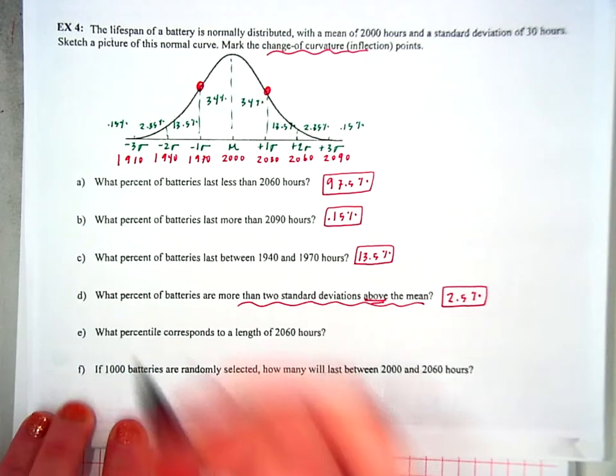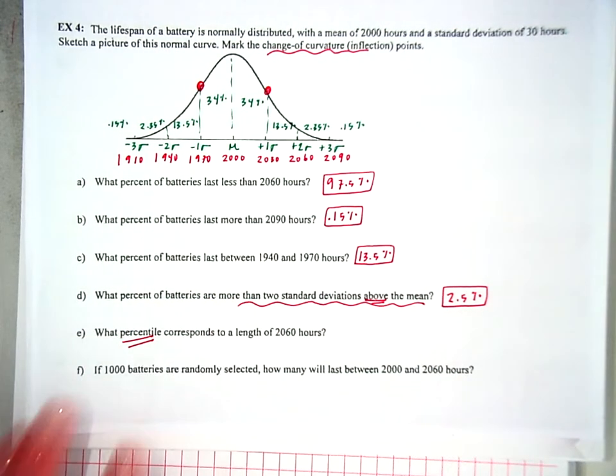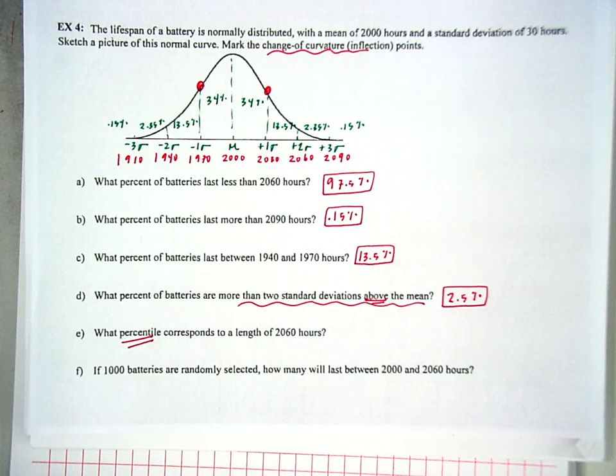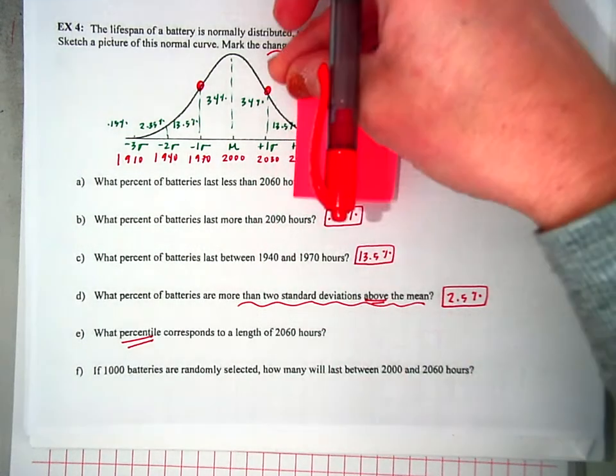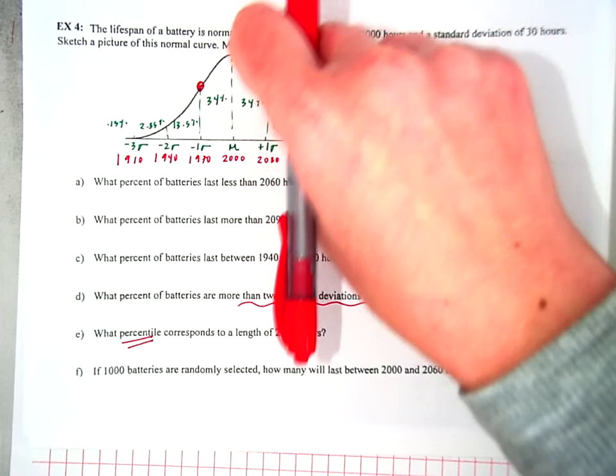Okay, what percentile corresponds to a length of 2,060 hours? So percentile, we're looking at the proportion of values that are at or below a certain value. In this case, we're looking at a lifespan in hours. So we're looking at the 2,060. I'm looking at that marker right here, and I'm looking at what the percent is that falls at or below.